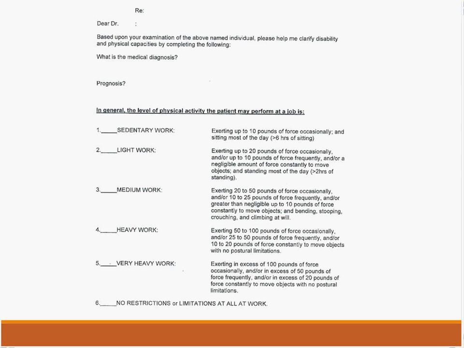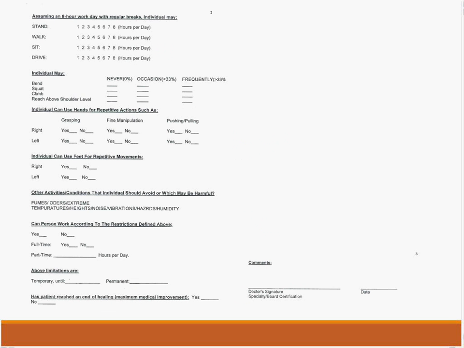And that's where this form comes in, the form known as a functional capacity evaluation form. And as you see, as you scroll through the slides, this thing actually quantifies what people can do in terms of their strength and exertion. Strength is usually a lift and carry.